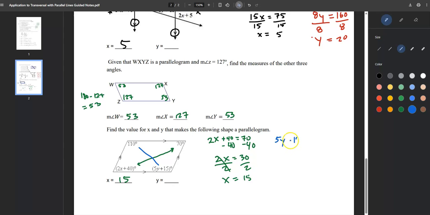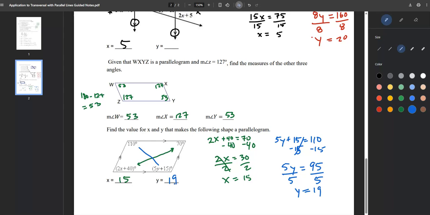So 5y plus 15 equals 110. So minus the 15. And I get 5y equals 95. And then I'm going to divide 95 by 5. So divide by 5, and I get y equals 19 for this one as well.